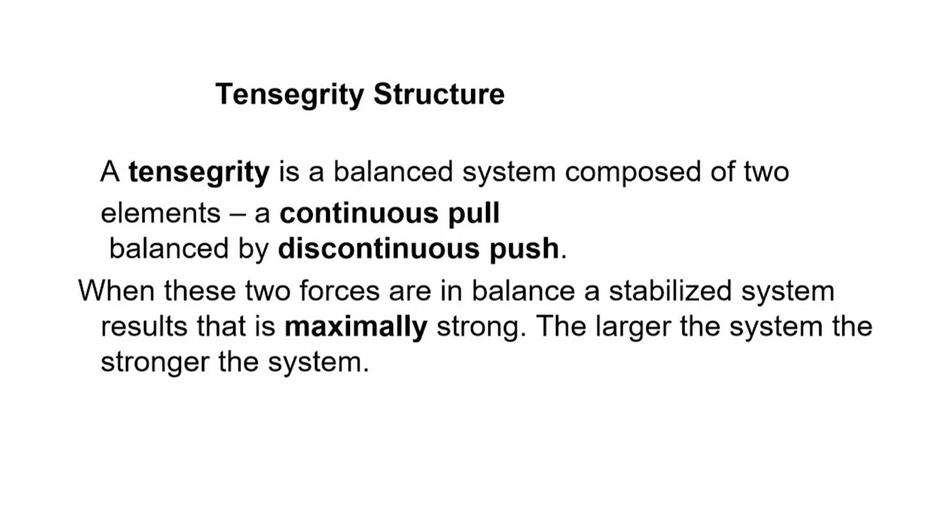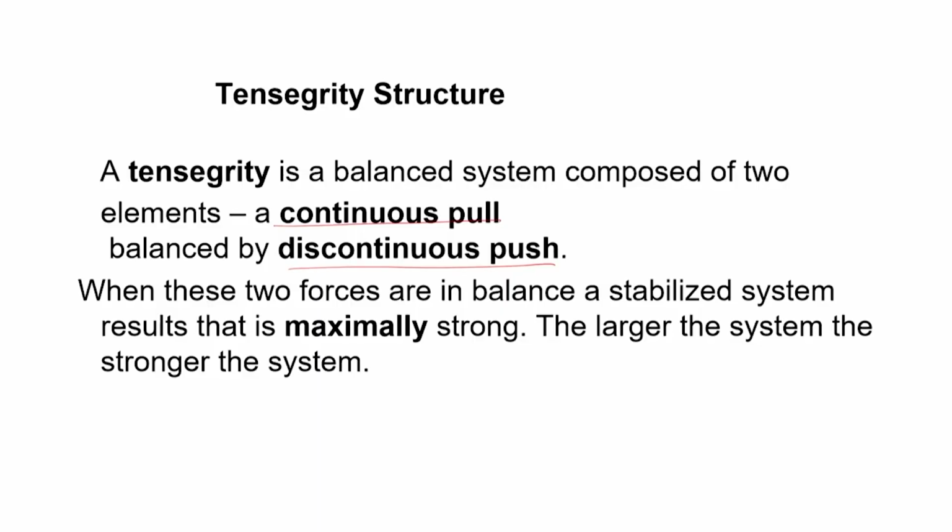What is so specific about a tensegrity structure? It is a balanced system which has a continuous pull and a discontinuous push. The easiest example is the kites that we use. The paper membrane that we have in the kite actually has this continuous pulling, tensile load, and the sticks that we join, one straight and one curved, are actually giving discontinuous push.